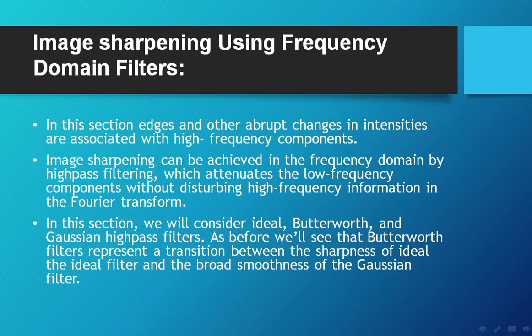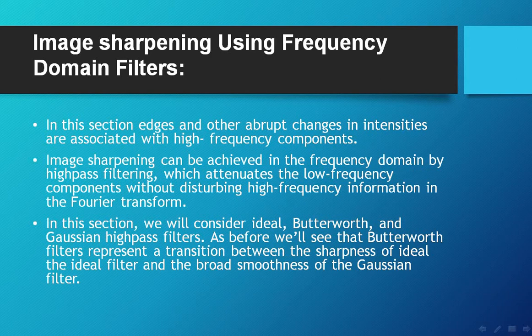Now let us see image sharpening using frequency domain filters. In this section, the edges and other abrupt changes in intensities are associated with high frequency components. Image sharpening can be achieved in the frequency domain by high pass filtering, which attenuates the low frequency components without disturbing high frequency information in the Fourier transform.